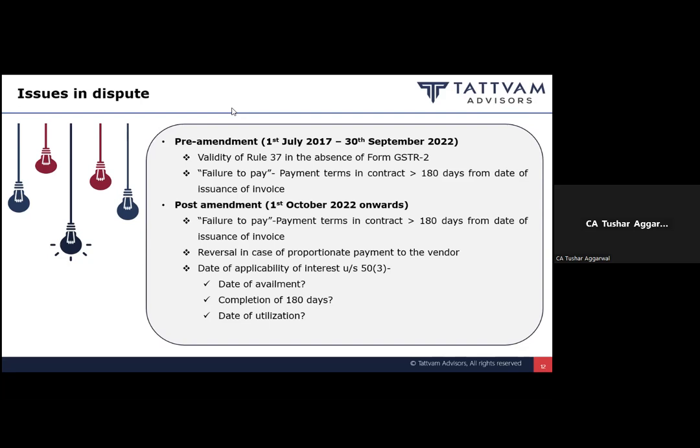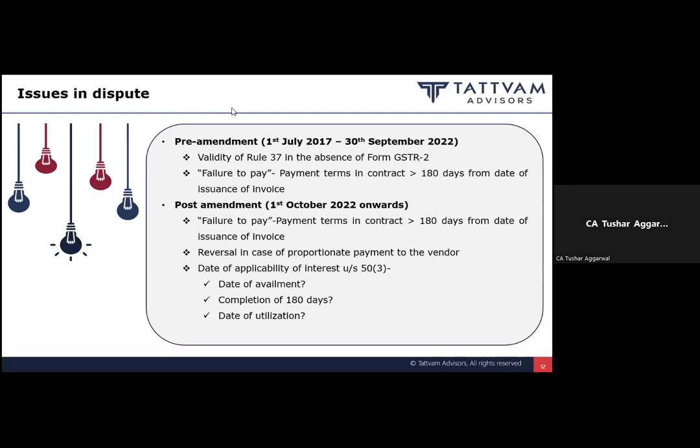At that moment of time, it was not a wrong utilization. In June 2023, when 180 days got over, then your reversal is triggered. Before that, when you utilized it, it was very well within the four corners of law. It is only in June 2023 that your reversal got triggered on account of non-payment within 180 days.